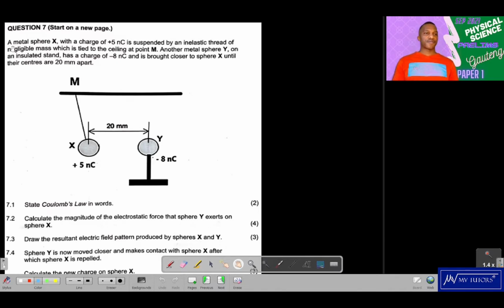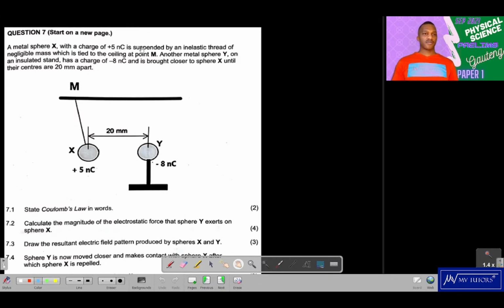Question number 7. A metal sphere X with a charge of 5 nanocoulombs, positive, is suspended by an inelastic thread of negligible mass which is tied to the ceiling at point M. Another metal sphere Y on an insulated stand has a charge of -8 nanocoulombs and is brought closer to sphere X until their centers are 20 millimeters apart.